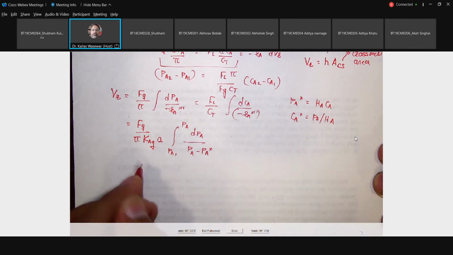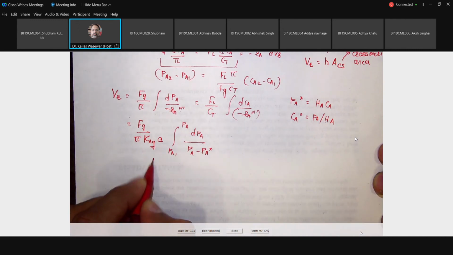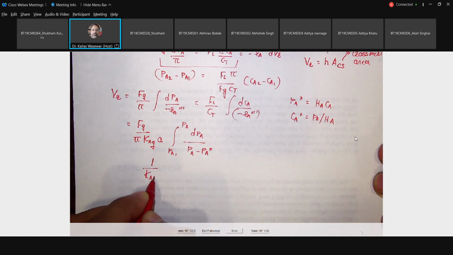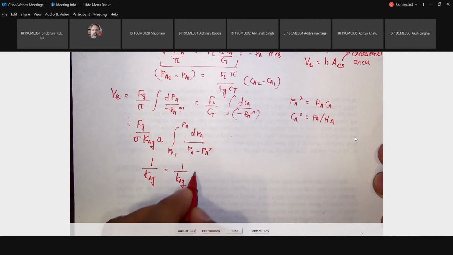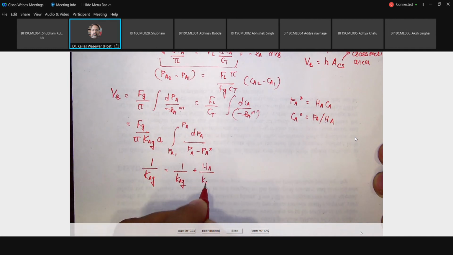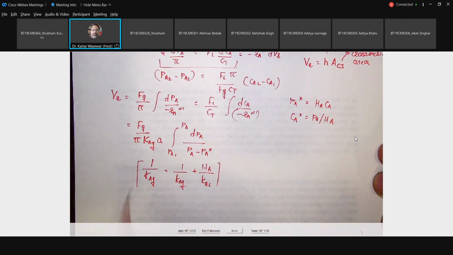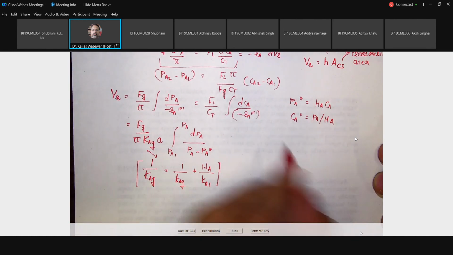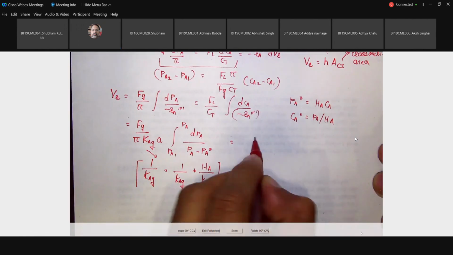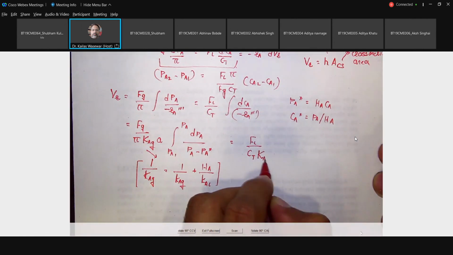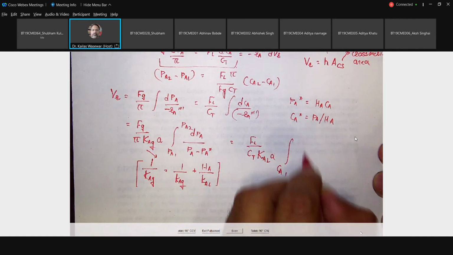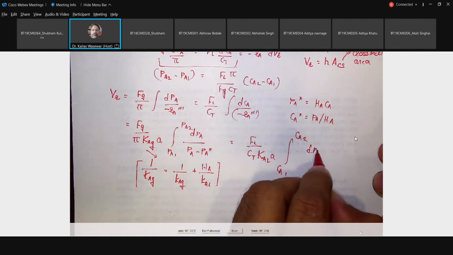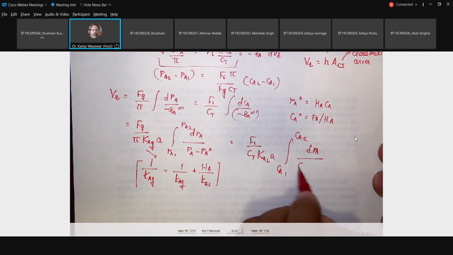And here this Kag will be 1 upon Kag plus HA upon KAL. This will be the Kag. For the liquid side it will be FL Ct, capital K, remember, LA integrated from CA1 to CA2 of dCA over CA star minus CA, which is in equilibrium with PA.